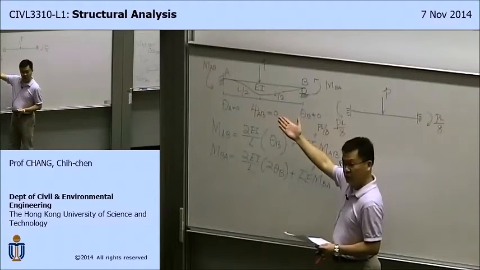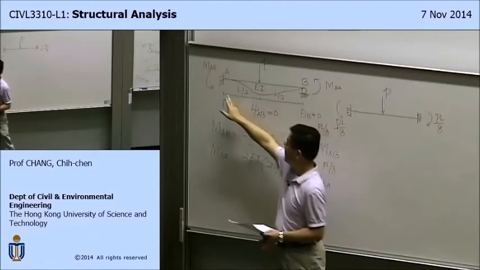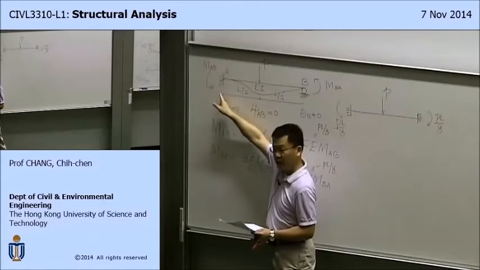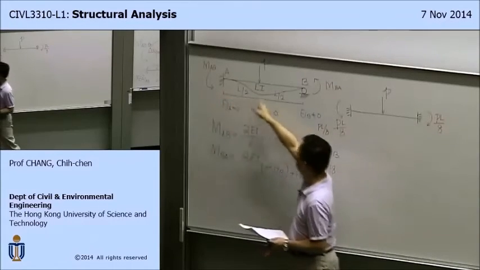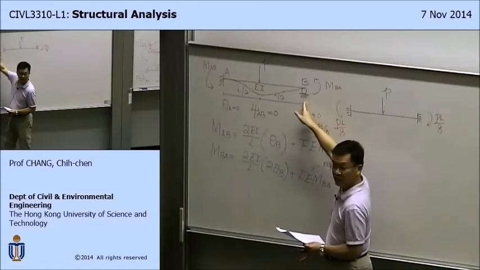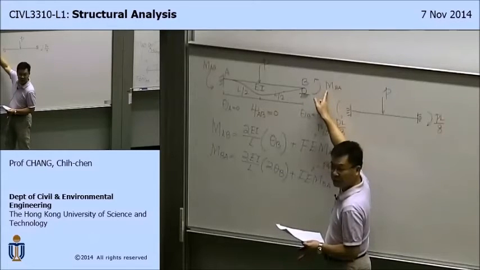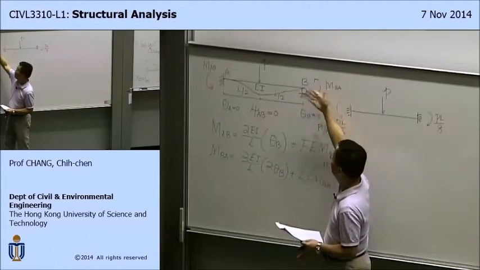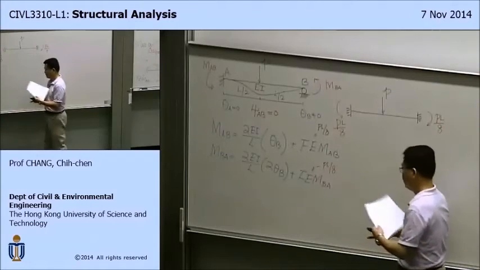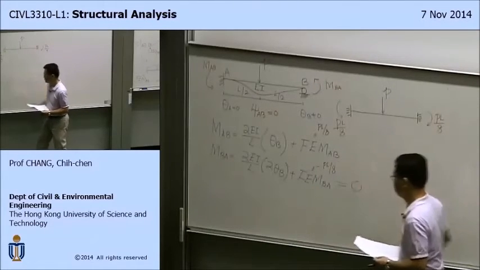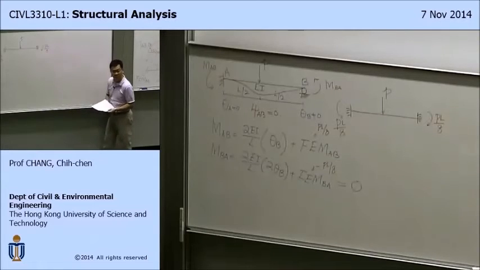Now, this is a clamp-in. There's a moment, and you don't know how much the moment is. There's a roller support. This is moment free. So this moment should be equal to 0, isn't it? Moment free. So you set this equal to 0. Guess what?